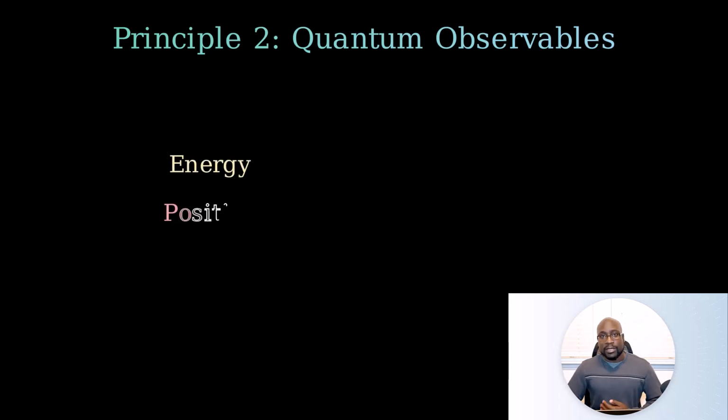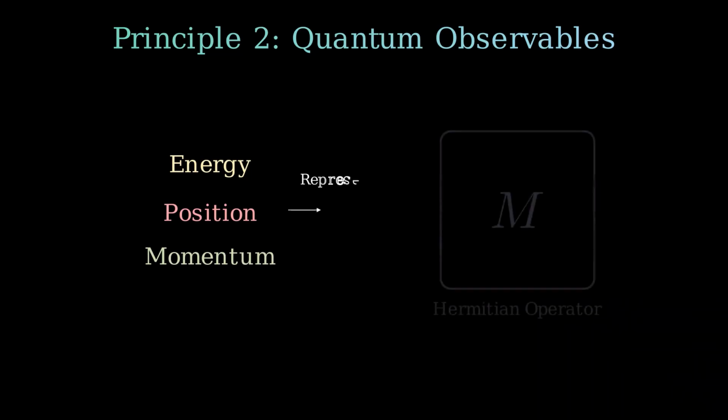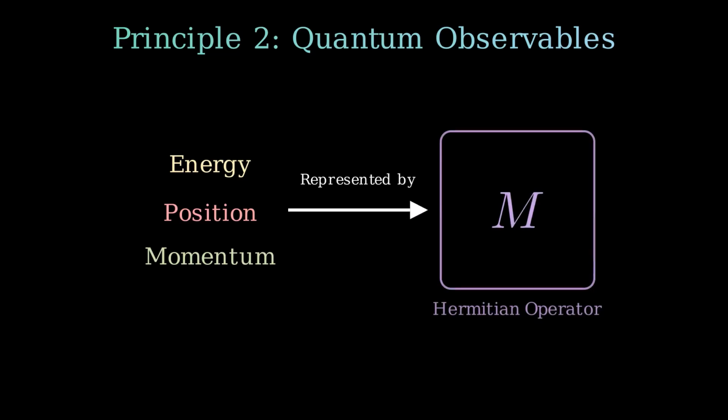In quantum mechanics, measurable physical quantities are called observables, and they are represented by special mathematical objects called Hermitian operators. Let's break this down. A Hermitian operator, which we'll call M, is essentially a matrix with special properties.